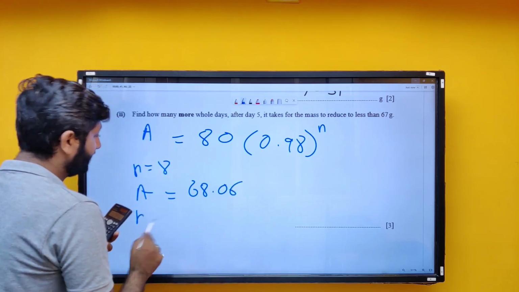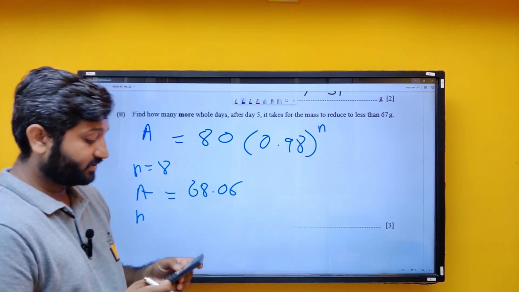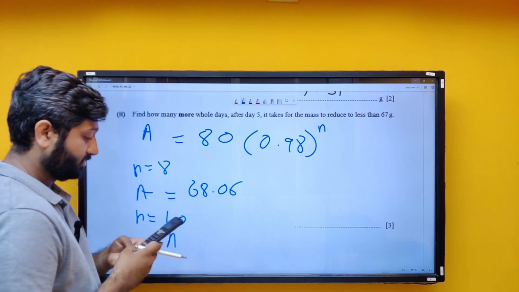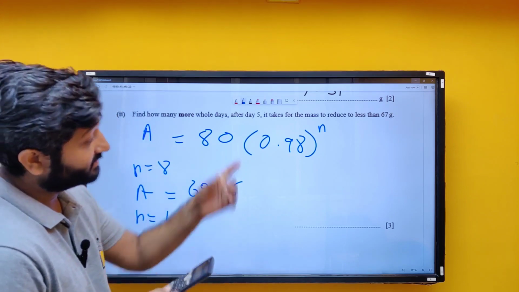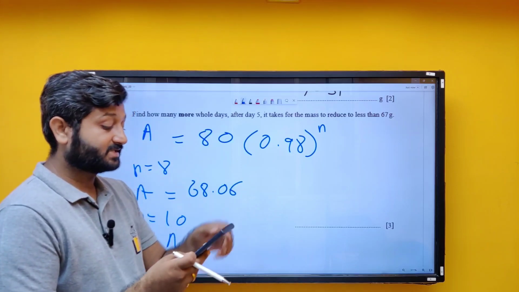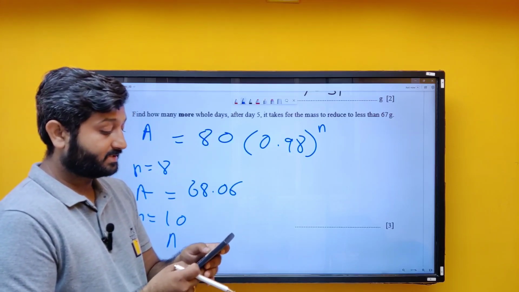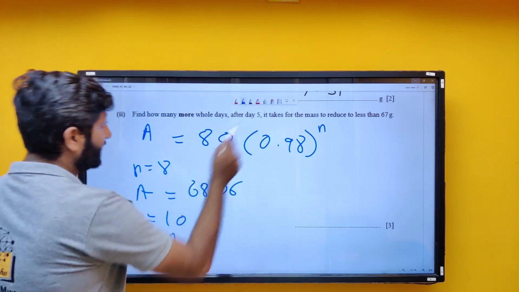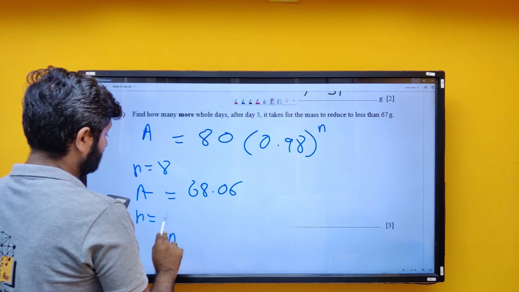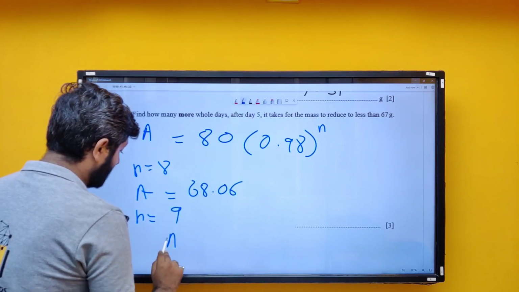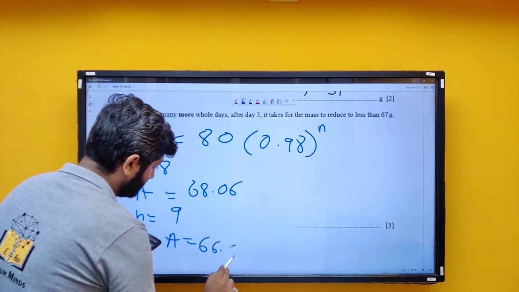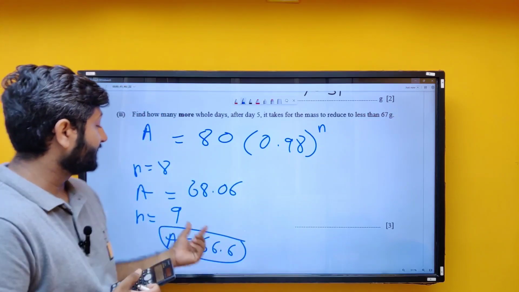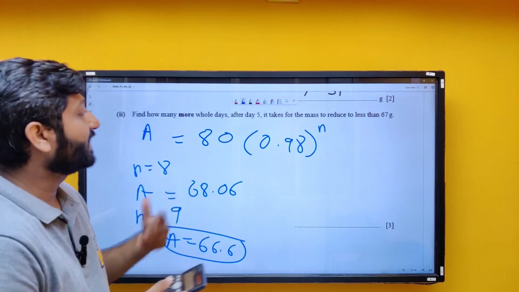But this won't fit because I want less than 67. So let me take n as 10. The amount is 65.36. Okay, so let me first take n as 9. When n is 9, the answer is 66.6. Yes, so it has reduced to less than 67 grams after 9 whole days.